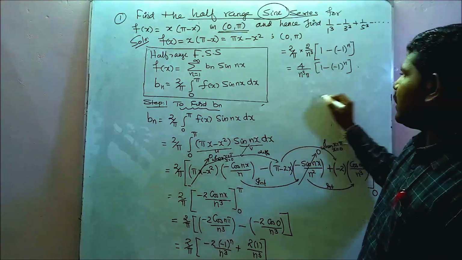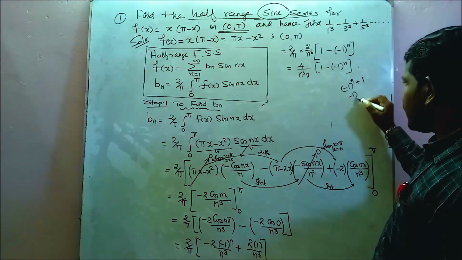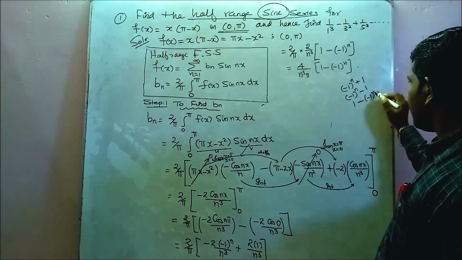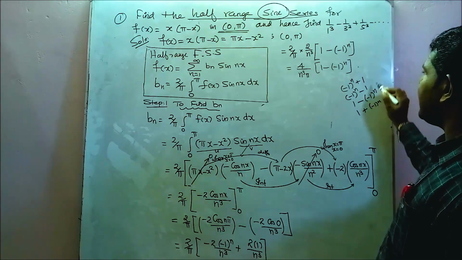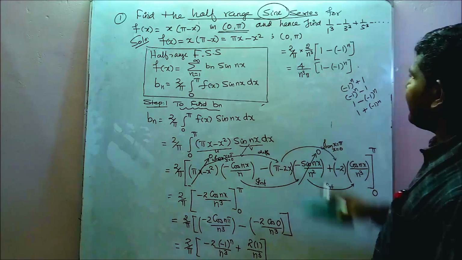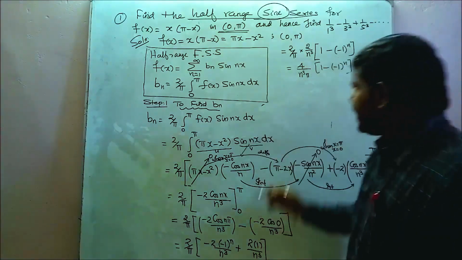So minus 1 the whole power n plus 1 வந்துச்சுனாலும் சரி, minus 1 the whole power n minus 1 வந்துச்சுனாலும் சரி, 1 minus minus 1 the whole power n, 1 plus minus 1 the whole power n, இந்த மாதிரி எந்த term வந்துச்சுனாலும், we can split the given function into odd as well as even.